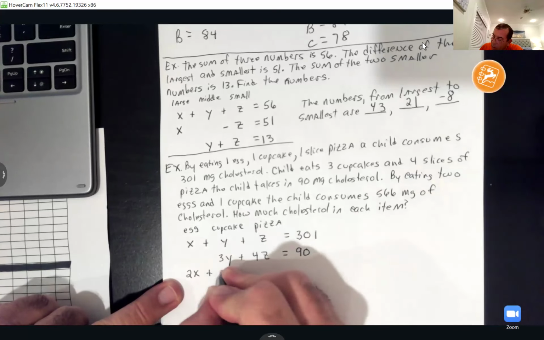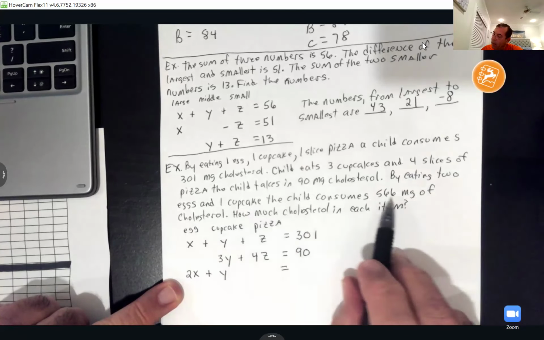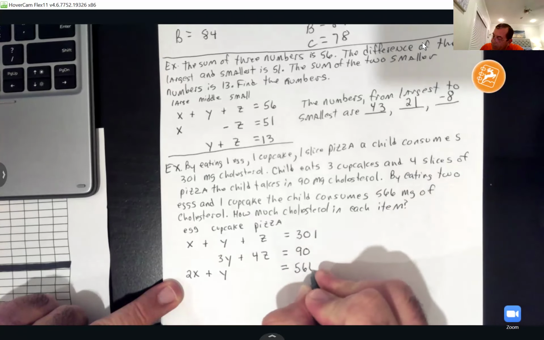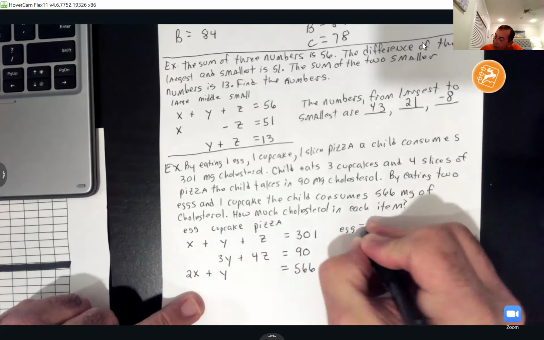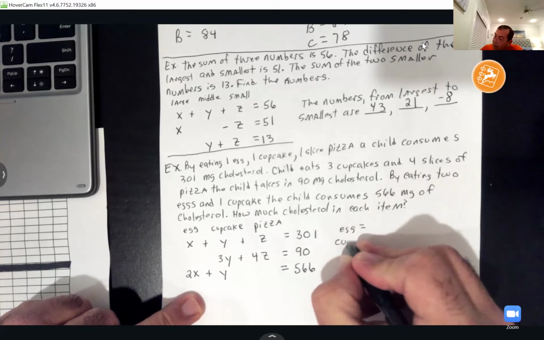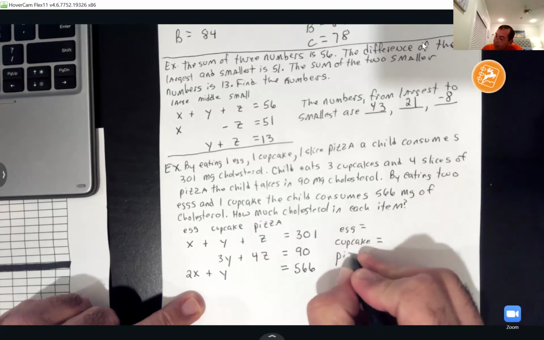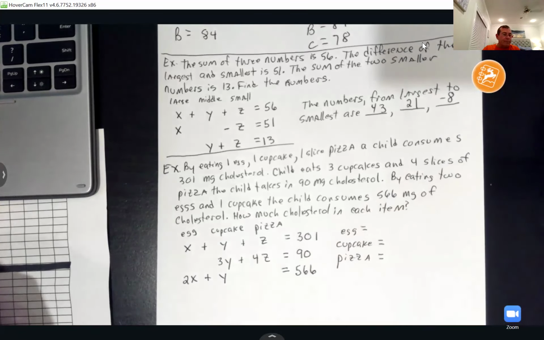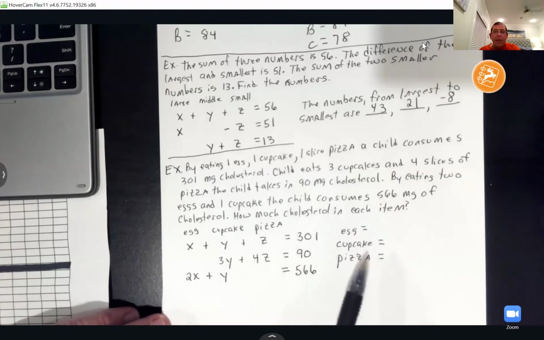That'll be 1 Y. That equaled 566 milligrams. So now enter answer blank. They'll say the egg equals, the cupcake equals, and then the pizza equals. So I don't know much about cholesterol. So I wonder who has the most cholesterol, the egg, the cupcake, or the pizza?